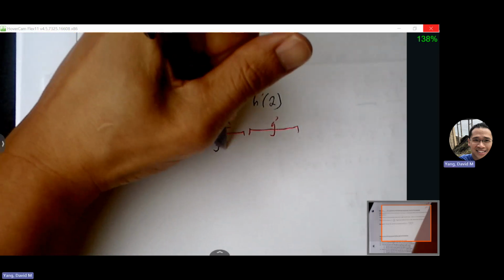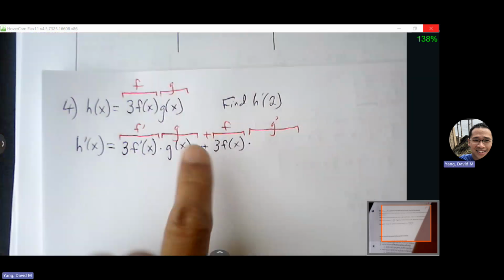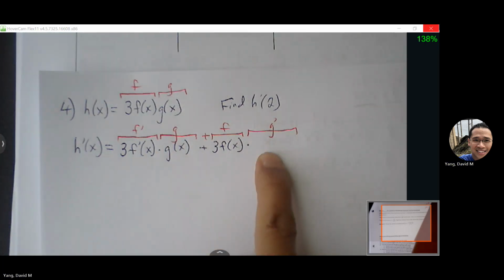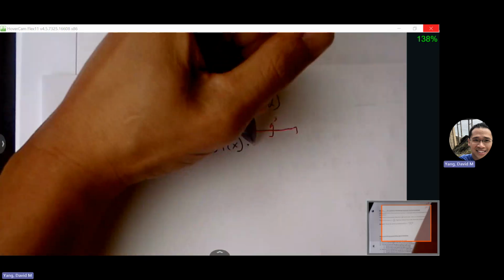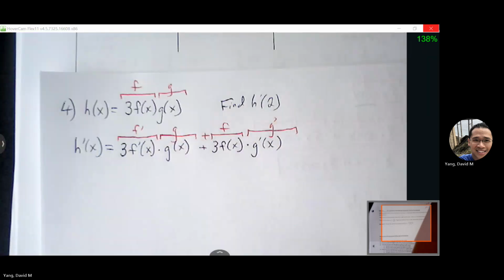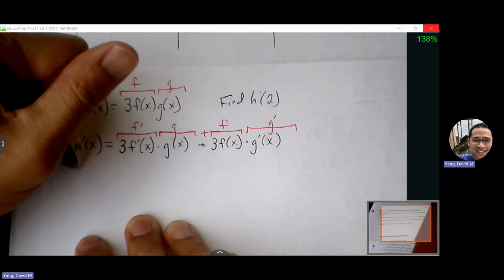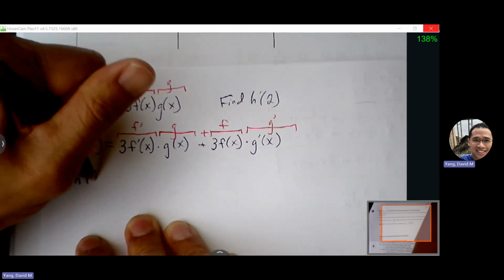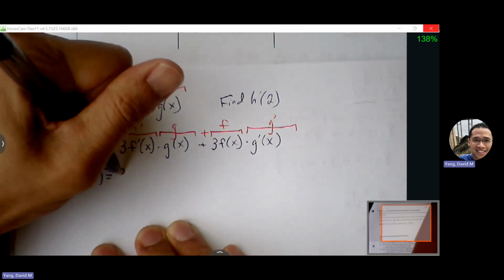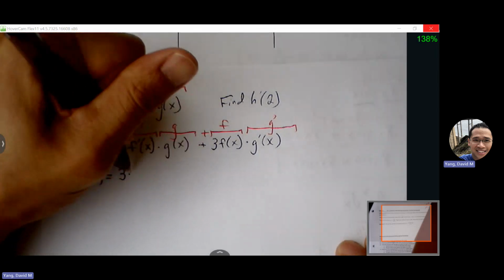F doesn't change. Now g of x becomes what? It's g prime, yeah. We have our derivative. Go ahead and now replace every x you see with 2. And once you do that, then we can use the table to help get all these down to numeric values.